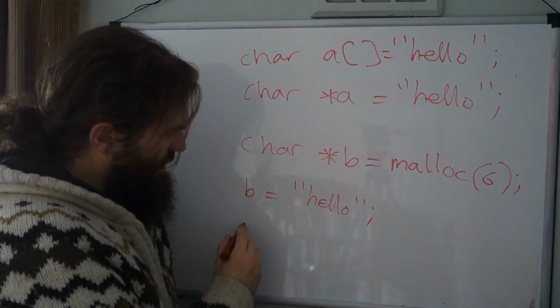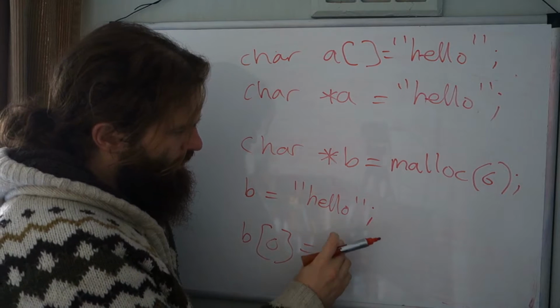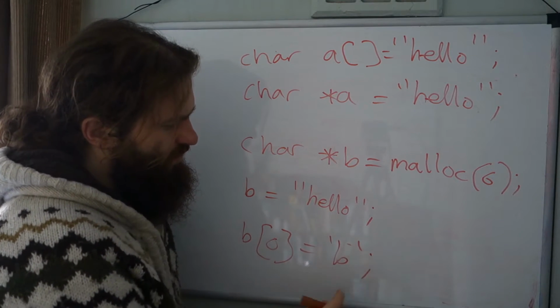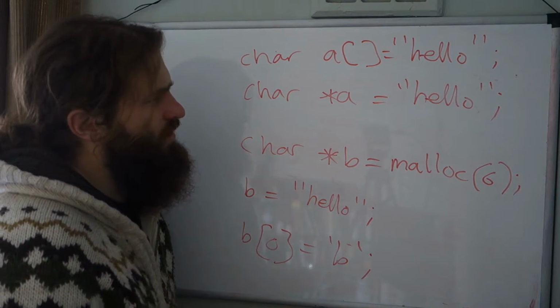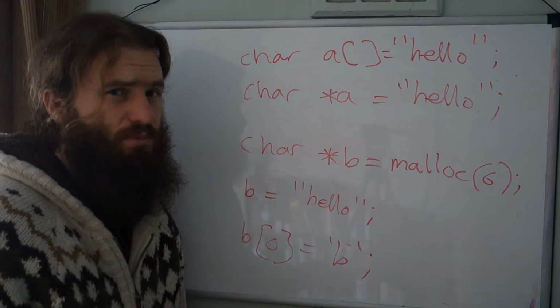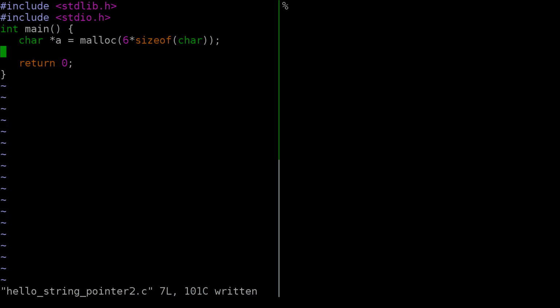And if we do that, and we do this, we will get a segmentation fault, because we're trying to write to read-only memory. Let's take a quick look at that as an example. So if we declare a variable called A, and allocate 6 bytes to it, if we want to be clearer, we might want to say size of char, just so that at a glance someone can see that you're allocating chars, but they're the same thing.